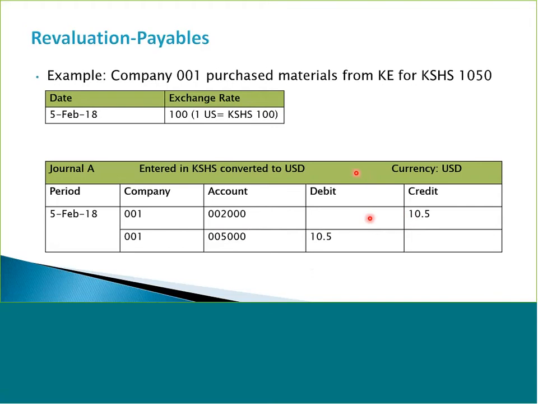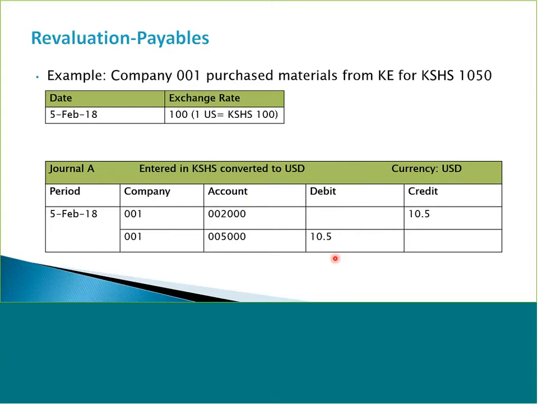All right. So the amounts here I am showing are in dollars, but remember when we are entering the journal, as we saw in our previous lesson, we have columns for the entered currency and the functional currency. But here we are just showing the functional currency. So this is the journal that was entered and posted: a credit of $10.50 to the payables and a debit of $10.50 to our expense account.